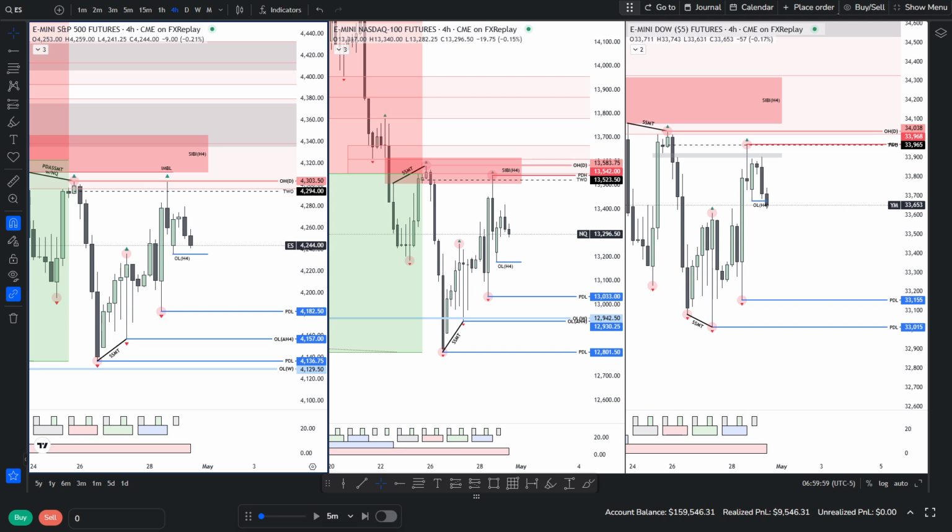Therefore, I am seeking new cracking correlation in order to formulate a new trade idea.